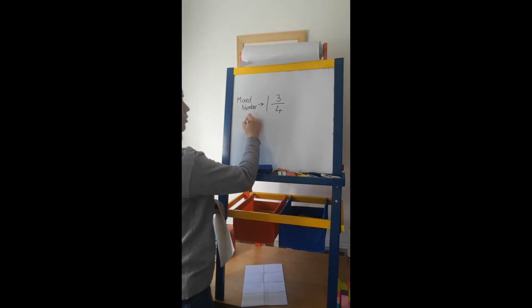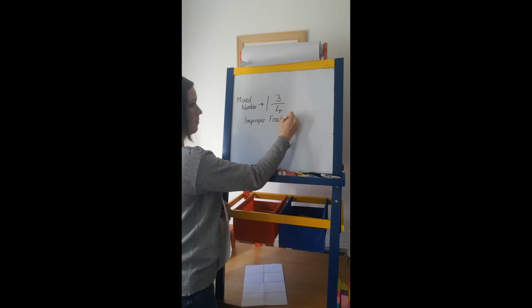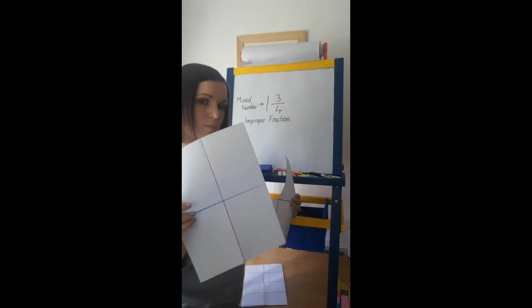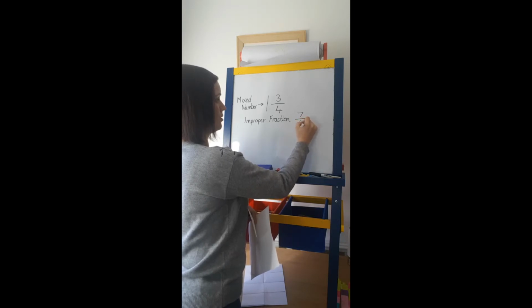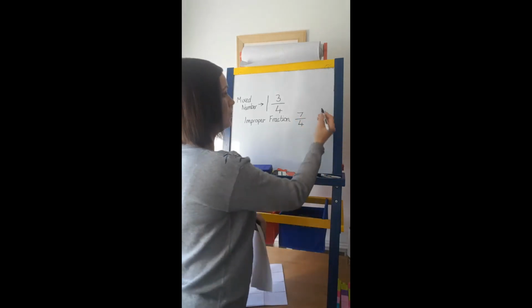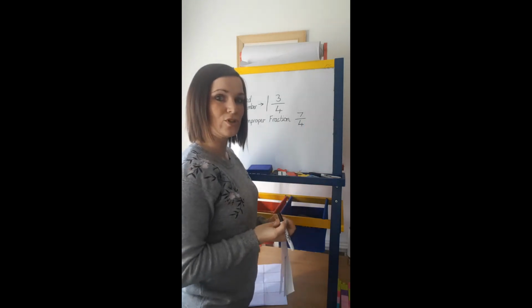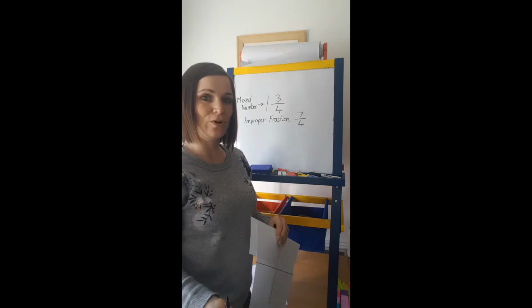So as an improper fraction, it is 7 quarters. And you can always tell if a fraction is an improper fraction because your numerator, the number on top, is going to be bigger than your denominator, the number on the bottom.